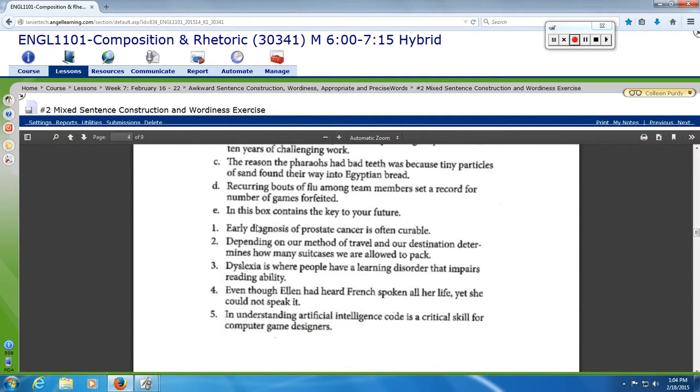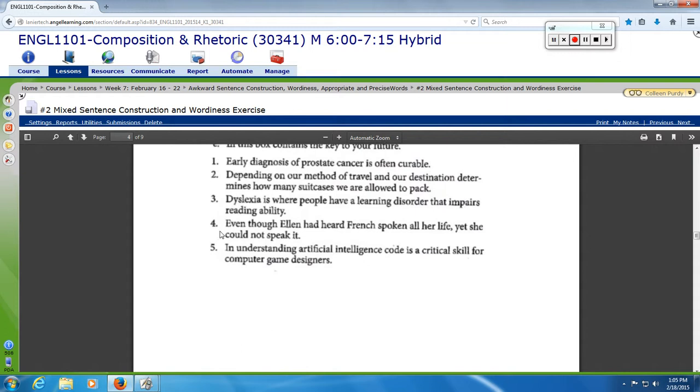Okay? And "in this box contains a key to your future." Well, boxes contain things, so this is redundant. You could say, "in this box is the key to your future," or "this box contains the key to your future." If you put something in a box, you are containing it, so this is redundant. "Early diagnosis of prostate cancer is often curable." We do not cure early diagnoses.